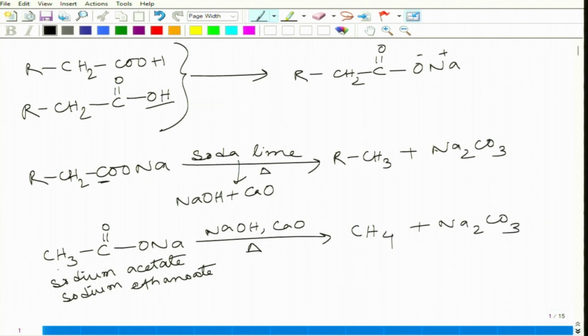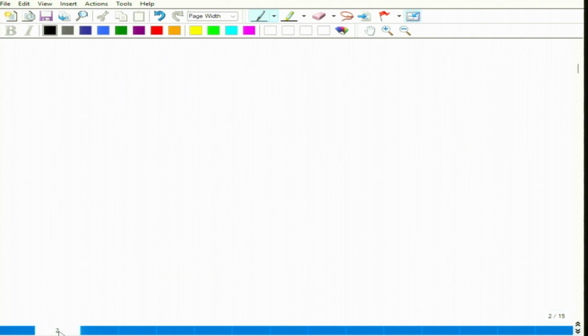Ethanoic acid had 2 carbons, but we have methane here, that is 1 carbon. So, 1 carbon less. We will see the mechanism of this reaction.